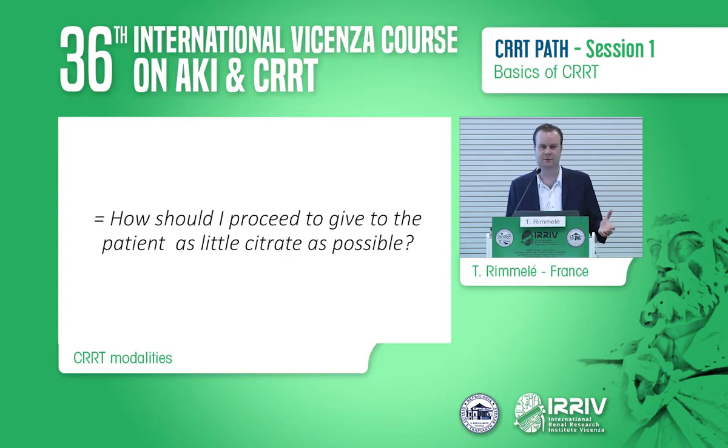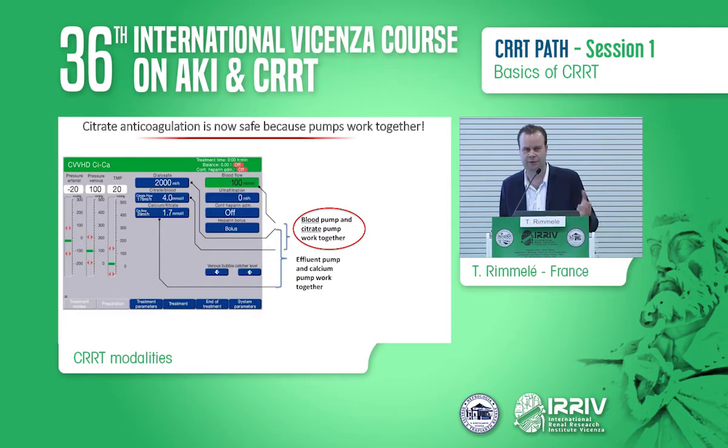Let's be pragmatic. Let's give as little citrate as possible to our patients. If you give a low amount of citrate, of course, you're going to decrease the risk of metabolic complications. How can you do so? Well, I remind you here that now the machines, they are citrate ready because the pumps work together.